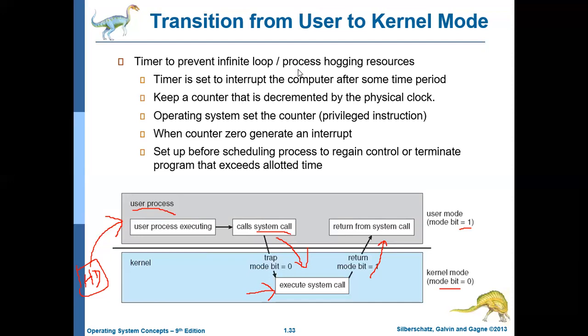To avoid such things, the operating system supports two modes. If there is any issue or problem with a particular process, it should affect only that process. It should not affect any other process.